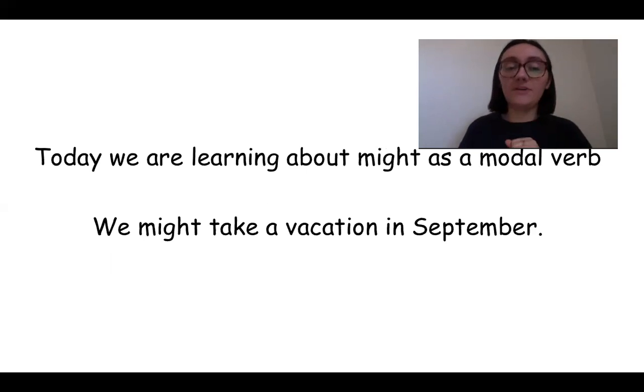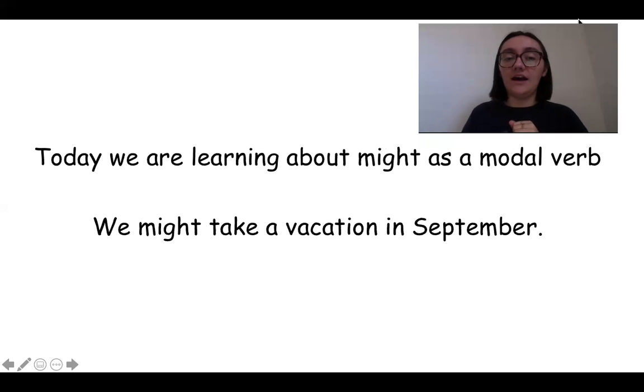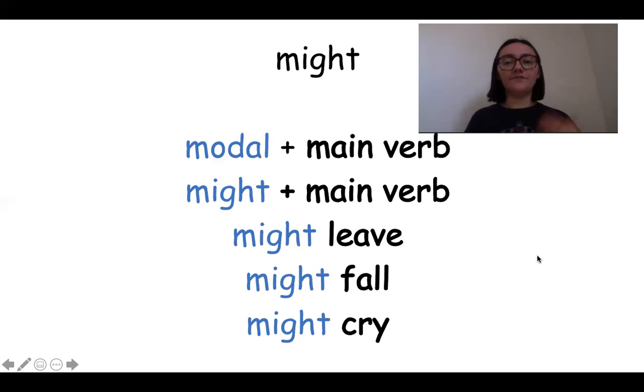But today we're going to be talking about the word might as a modal verb. So for example, if I said, we might take a vacation in September, I'm using it as a verb, a modal verb, a helping verb. Okay, so let's talk about this. So how do we put it together?